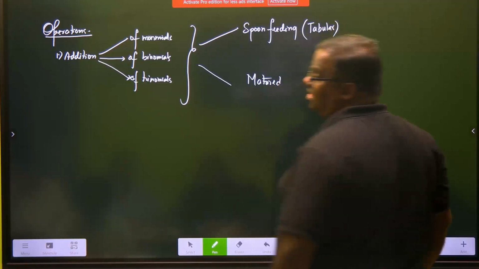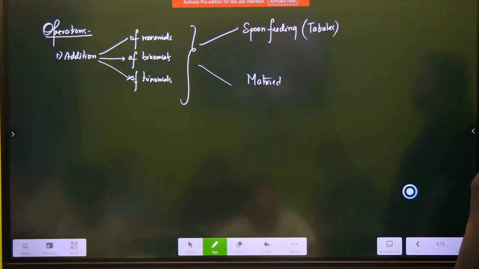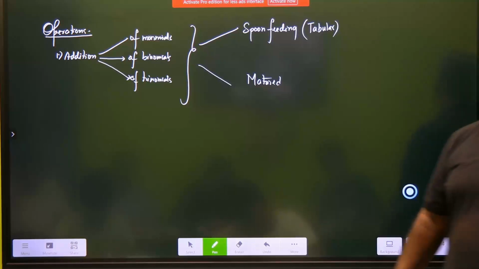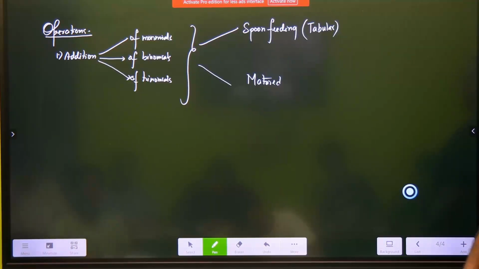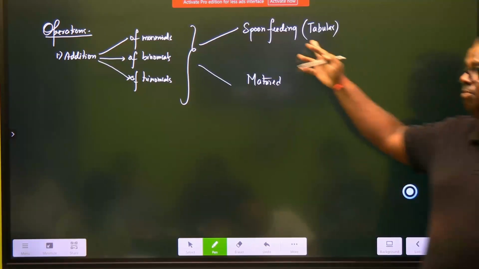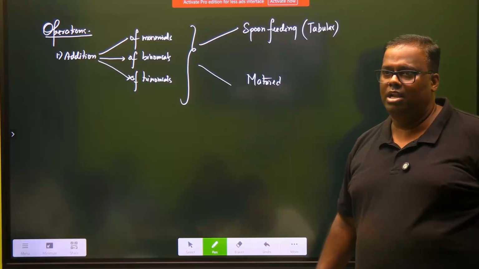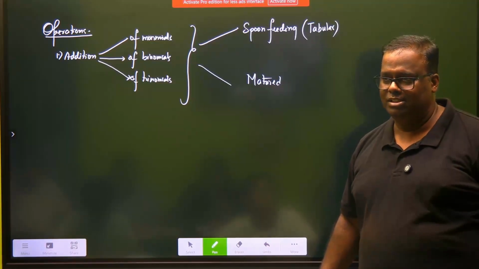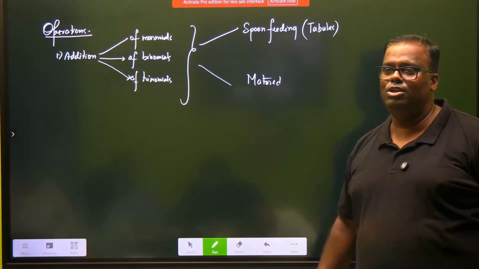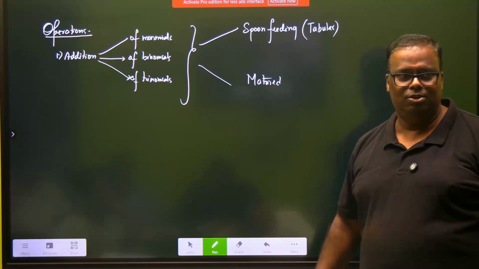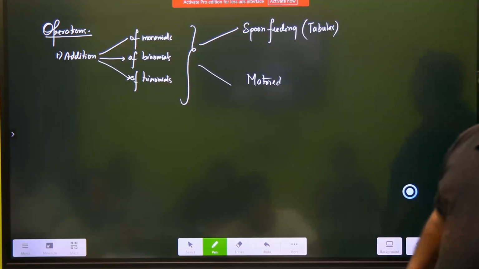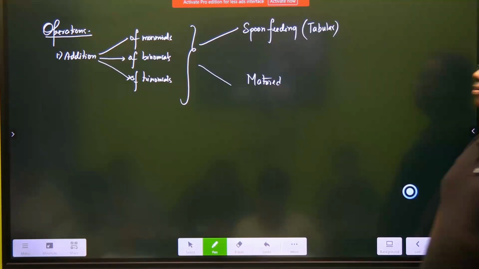And if I see anyone doing more than 2-3 problems in tabular, I will take the wooden scale and hit on the knuckle. No matter even if your school asks you to do it with tabular. This format is like driving bicycles with those training wheels. And I love Band-Aid. I want you to fall, then only you will be able to be a good rider. You can't learn cycling like that. Understood? Very plain and simple rule.